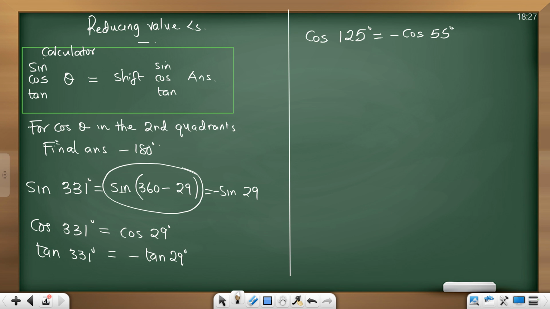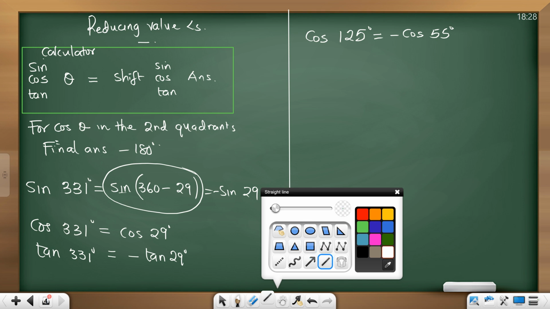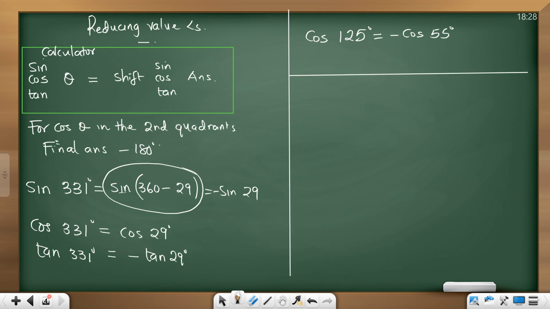Very fast. Please don't forget your co-functions. Let's quickly revise that because we are going to need it. Don't forget your co-what? Functions. What is a co-function? Sine theta is cos 90 minus theta. Here there's no way you're going to use a calculator. Just make sure that the addition of those two angles would give you what? 90 degrees.